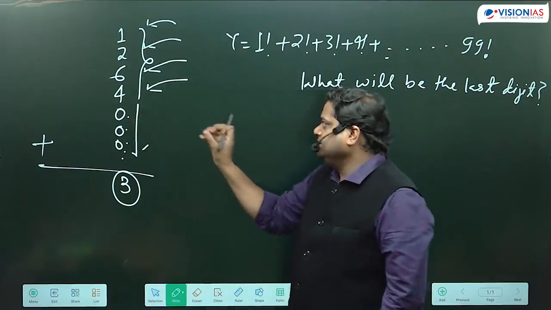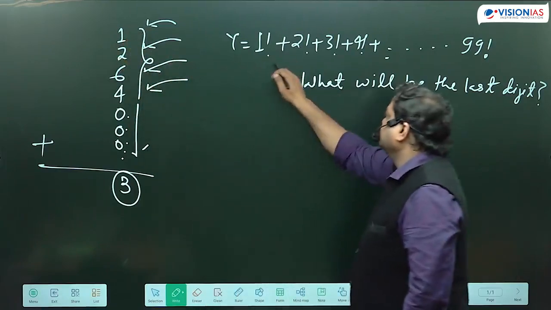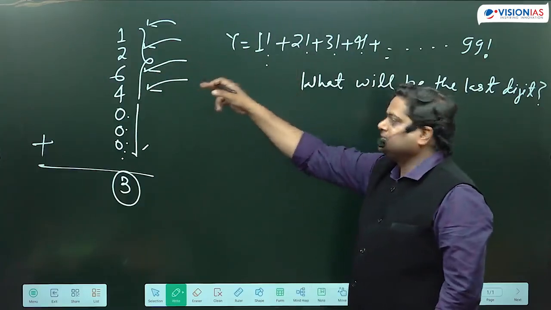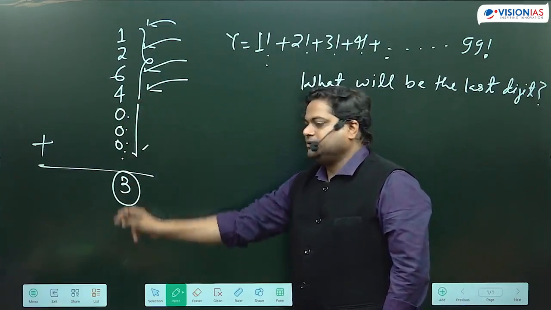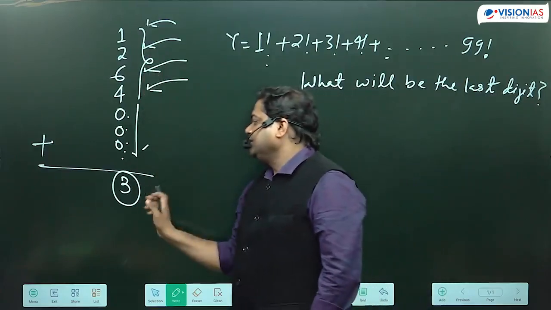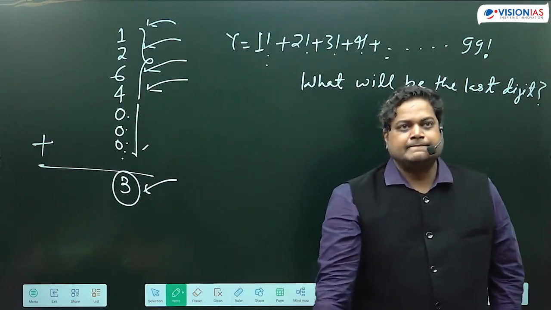So we can see कि what we are getting at unit place for these terms. 1 factorial में 1, 2 factorial में 2, 3 factorial में 6, 4 factorial में 24 का 4. Then 0, 0, 0. Then we can simply add them. If we are adding, we are getting unit place पे 3. ठीक है?